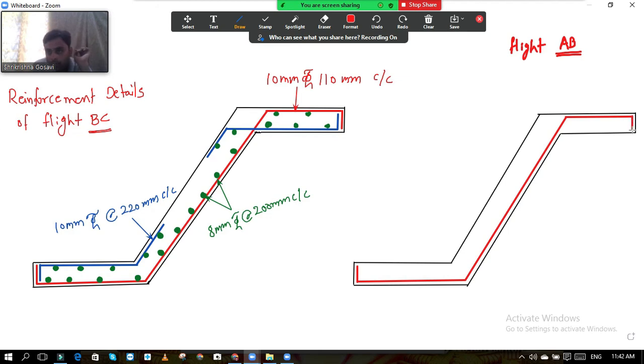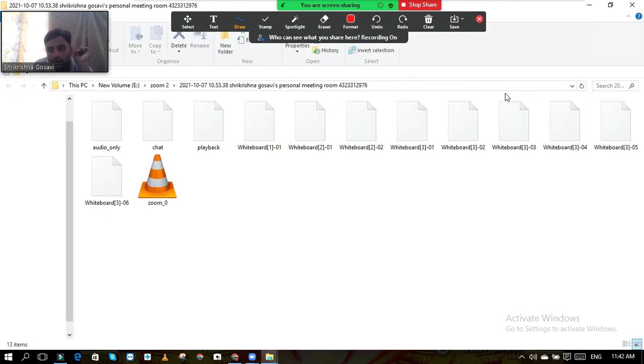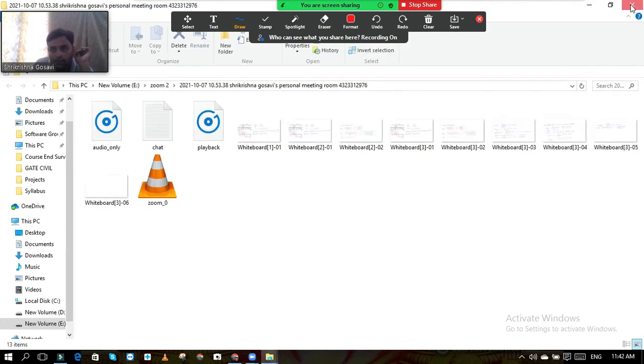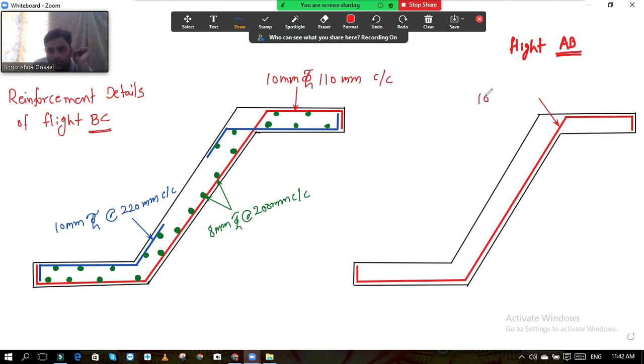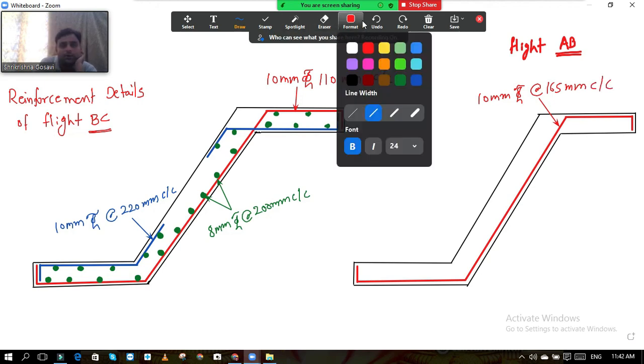Okay. So this is your main bar. What was the spacing for this? Again 10 bar. What did we take? 165. 165 mm. Okay. 165 center to center.